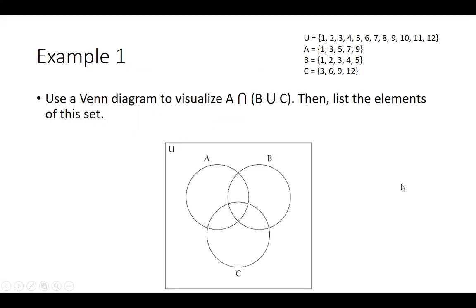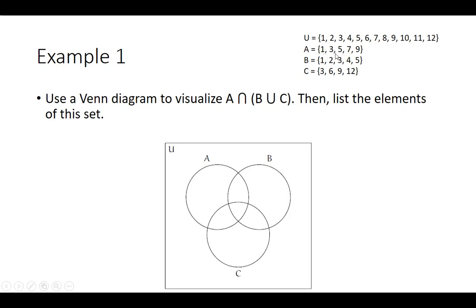So, example one, using three sets and using Venn diagrams. Use a Venn diagram to visualize A intersect the union of B and C. For this example, our universal set is still the numbers 1 through 12.